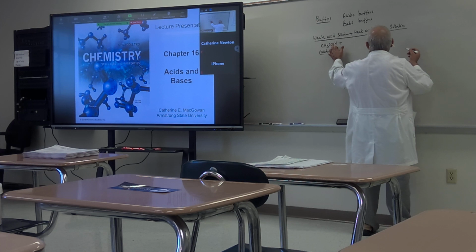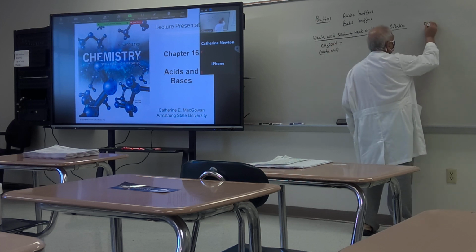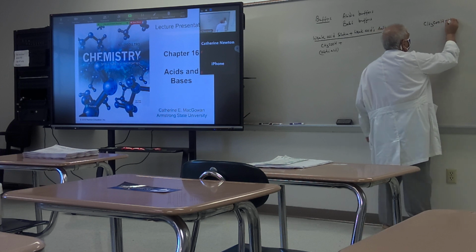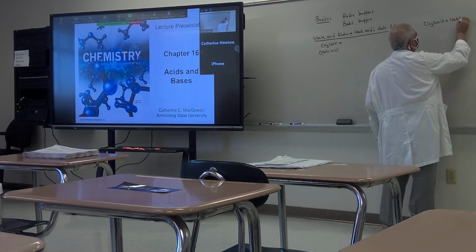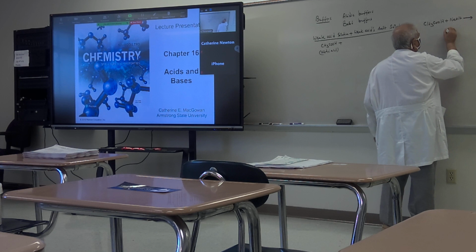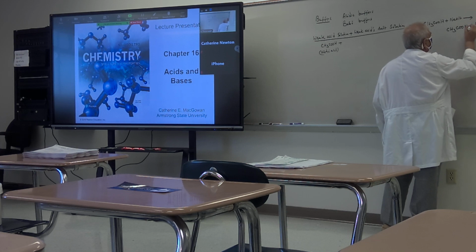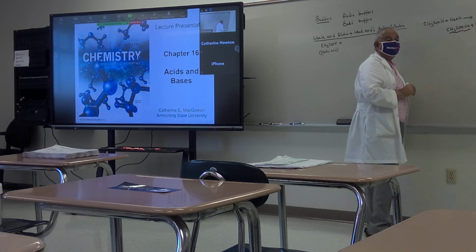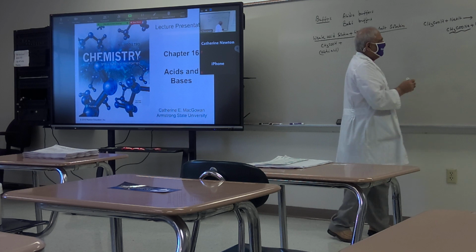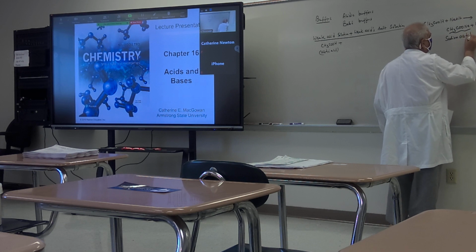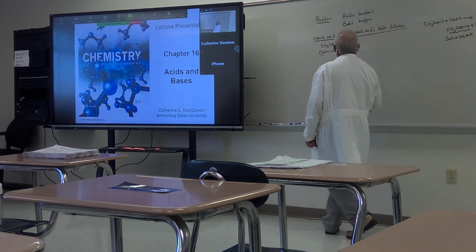So CH3COOH is the acid, sodium hydroxide is the base. If you mix these two, you end up with the salt CH3COONa plus water. This is the salt of acetic acid, which is called sodium acetate.